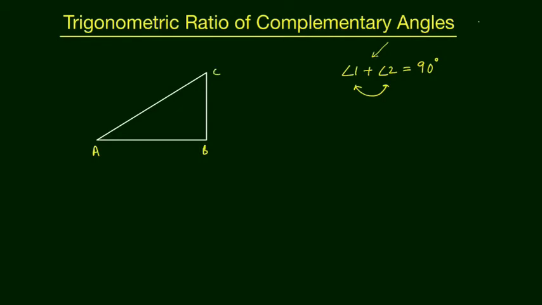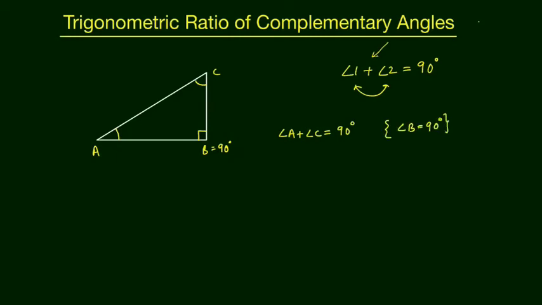It is a right angle triangle where angle B is 90 degree and two more angles are there, angle A and angle C. As we know by the angle sum property, angle A plus angle B plus angle C is equal to 180. That's why angle A plus angle C is equal to 90 degree.